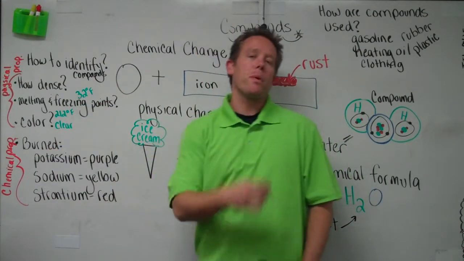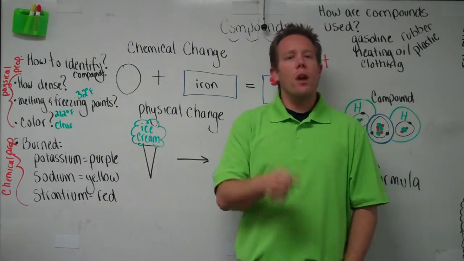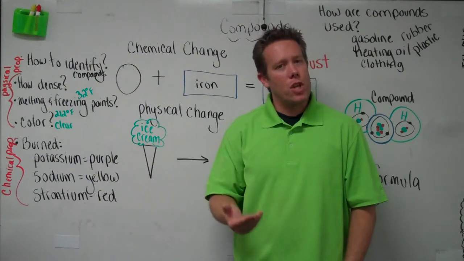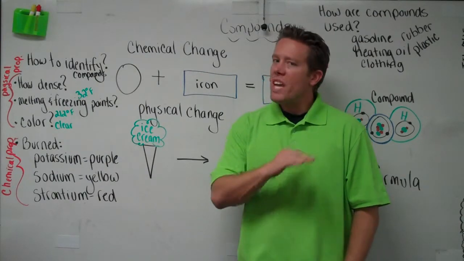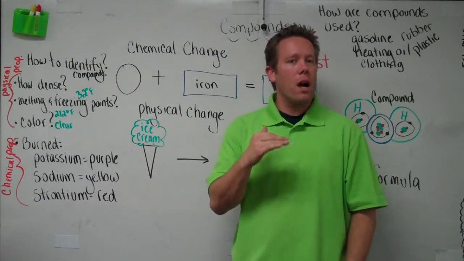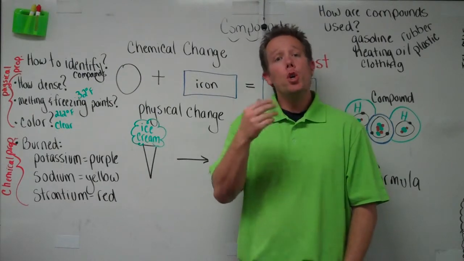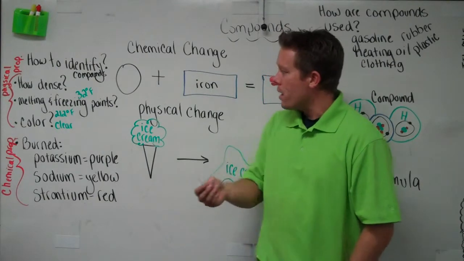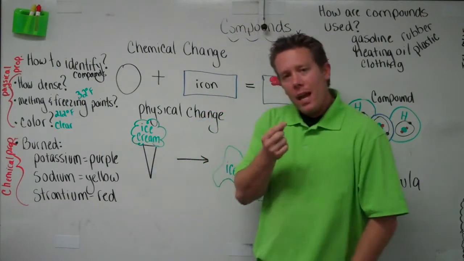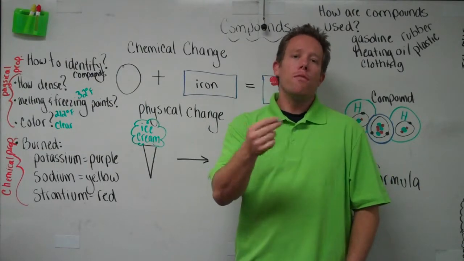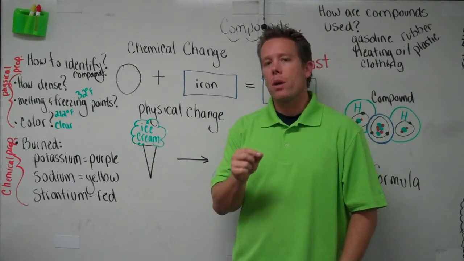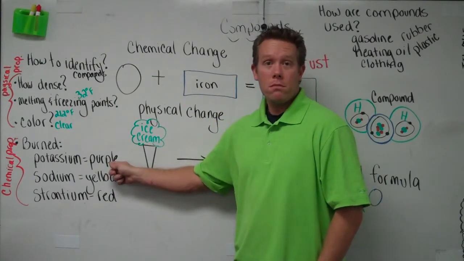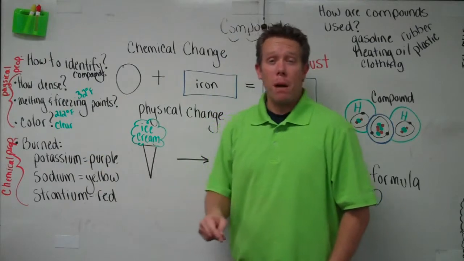Now, some chemical properties of a compound. You cannot know the chemical properties of a compound unless it undergoes a chemical change. So once again, you cannot know the chemical properties of a compound unless you put that compound through some kind of chemical change. For example, burning a compound is an example of putting a compound through a chemical change. If you burn the compound and it turns purple, you know that the compound is probably potassium.